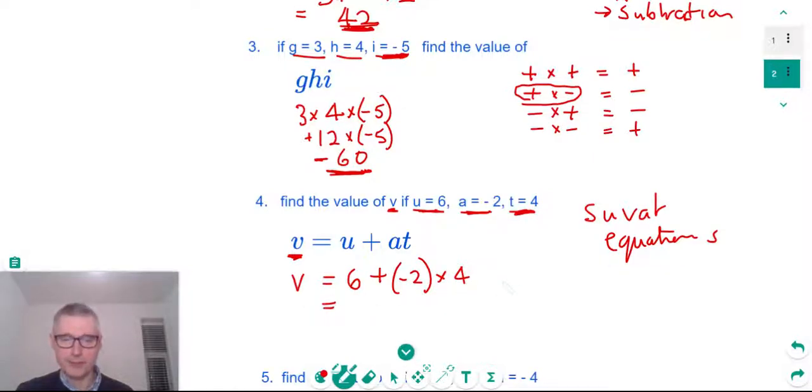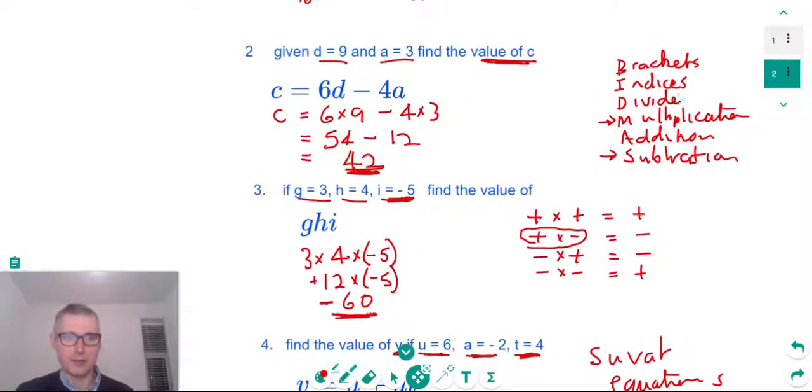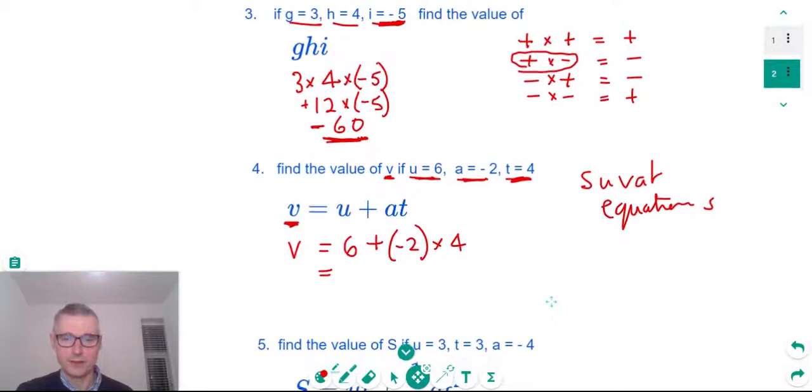So we've got, as we remember from before, when we looked at the BIDMAS, telling us the order in which to do things, we've got to do multiplication before we do either addition or subtraction. So what I'm going to do is I'm just going to write down the 6, and I'm not going to do the addition there. I'm going to multiply -2 by +4.